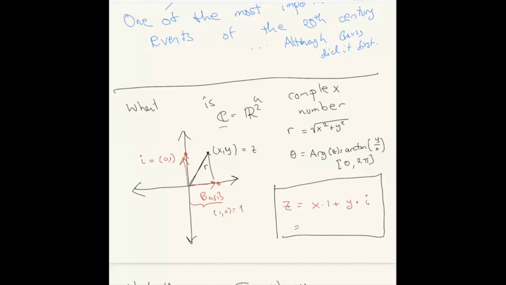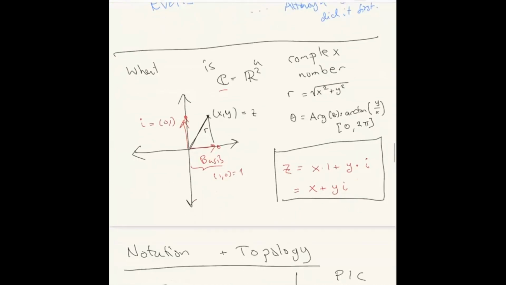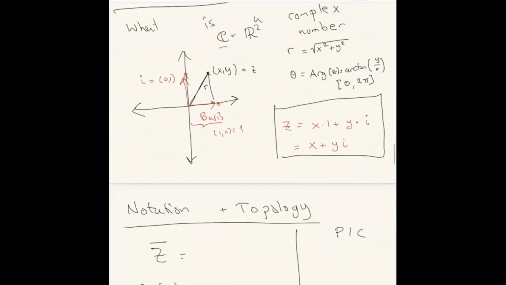And we will drop the times 1 and usually abuse notation slightly and write x plus iy. This is a convention that's almost universally accepted. So it abuses notation because it obscures the fact that x is a real number, but it's understood to mean this pair x, y.